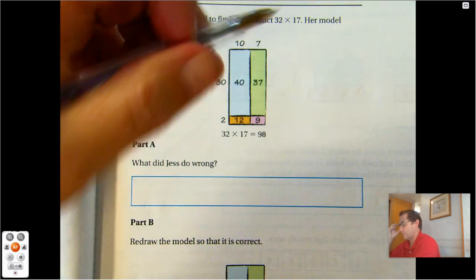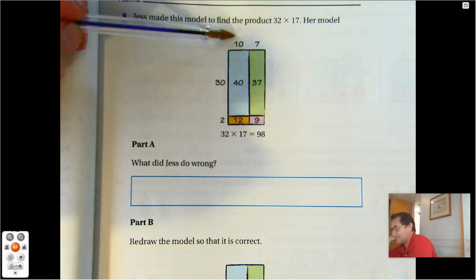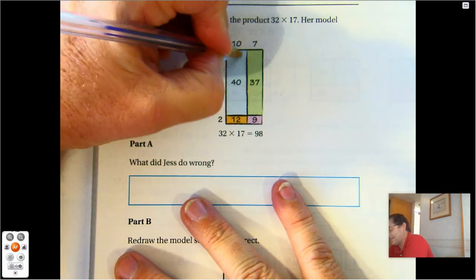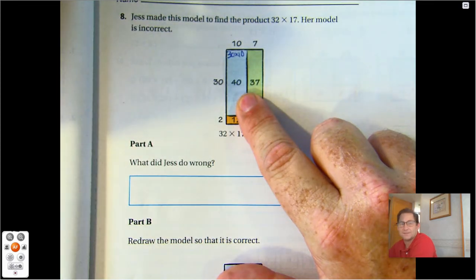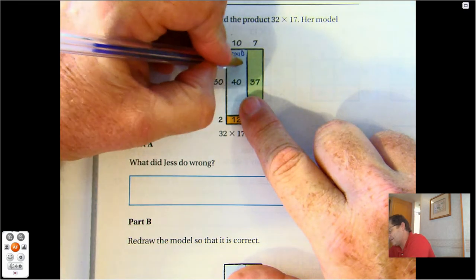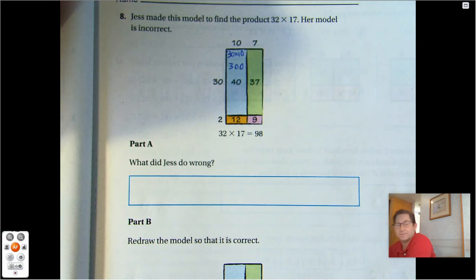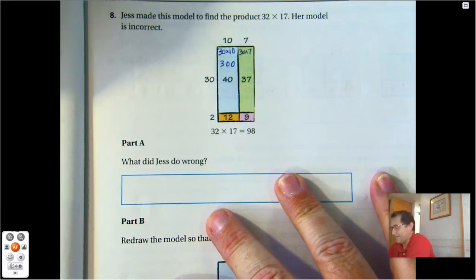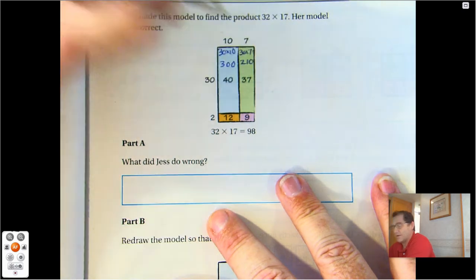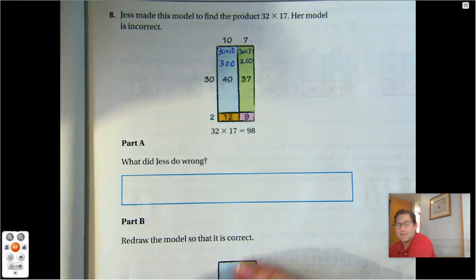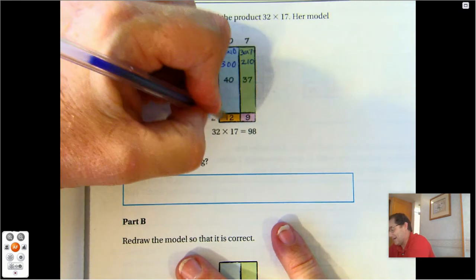Well, let's examine it. 30 times 10. Well, that's not 40. She must have added the 30 and the 10 to get 40. Because if she had multiplied, she would have got 300. And then 30 times 7, she wouldn't have got 37. She would have gotten 210, because 7 times 3 is 21. 21 tens is 210. 2 times 10 is not 12. 2 times 10 is 20.